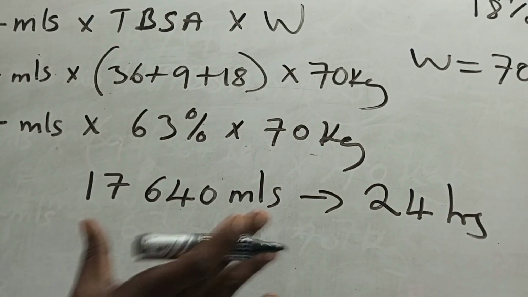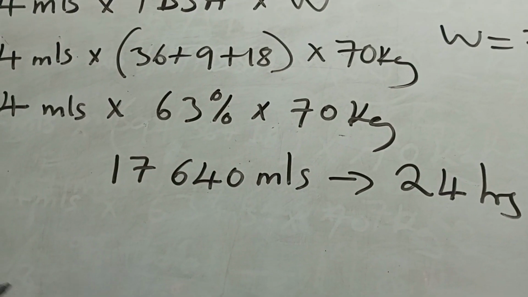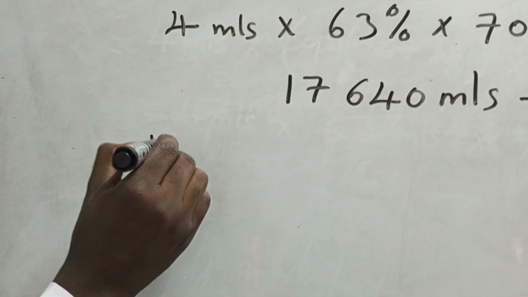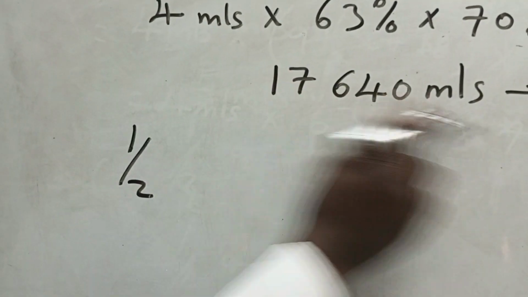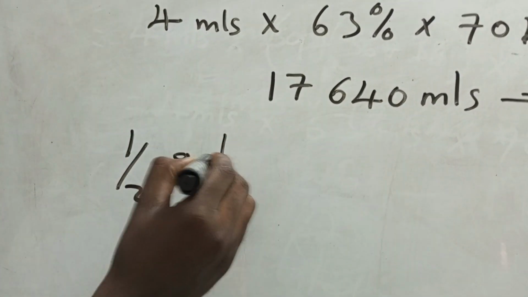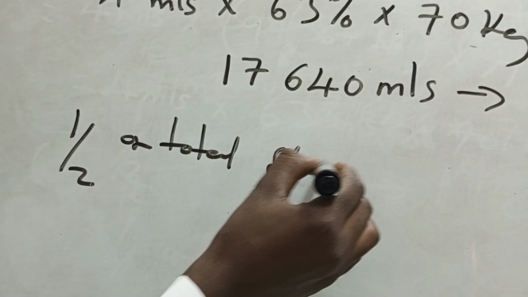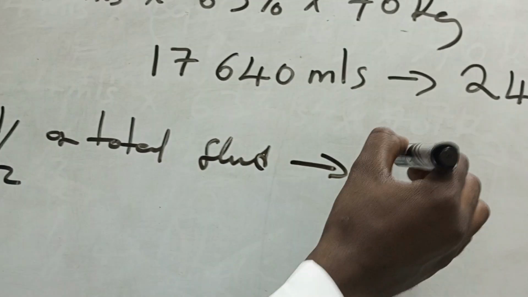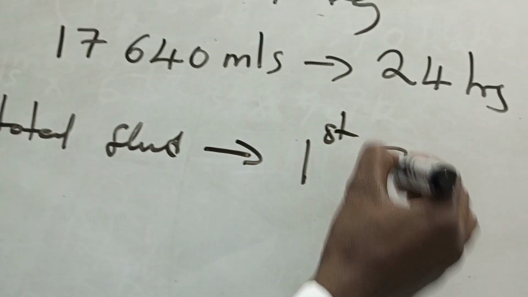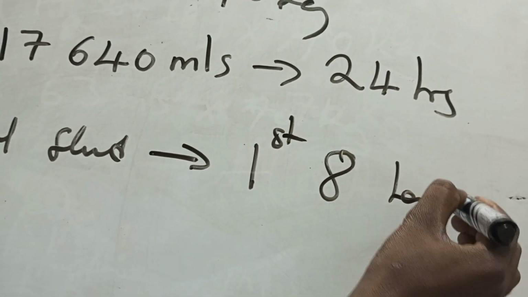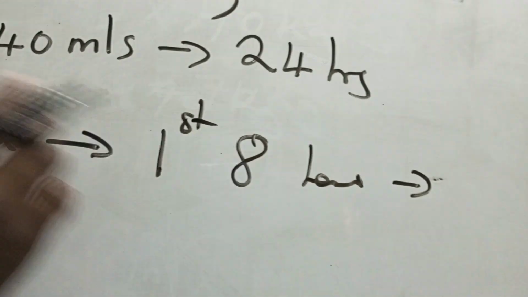Okay, so according to this formula, it states that half of the total fluids you give in the first 8 hours. According to our calculation, what's the half?